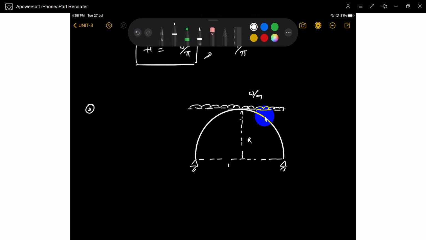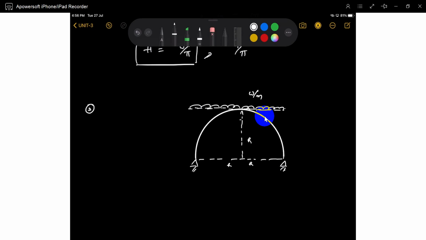This is R, this is R, this is R. Okay, no problem at all.